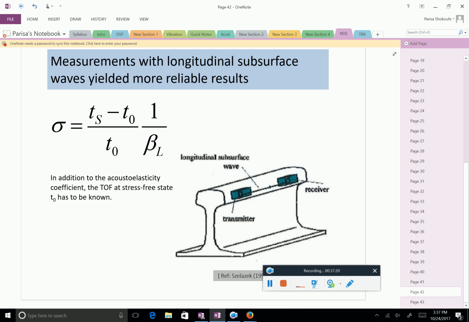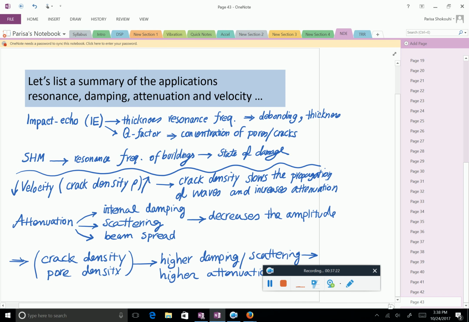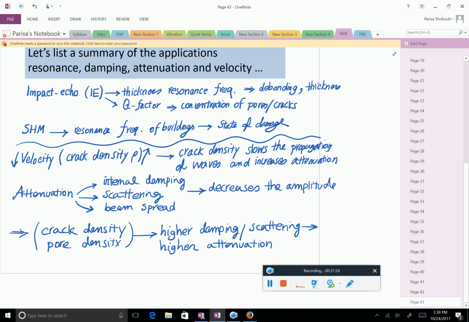So with that, last time I also didn't want to show you the acoustoelasticity, now you know why. We decided to summarize what we learned about how we can use the resonance. We had talked about impact echo, if you remember, looking at thickness resonance, looking at Q factor, and then the relationship between velocity and crack density.